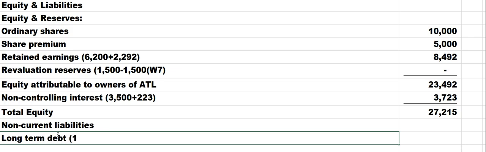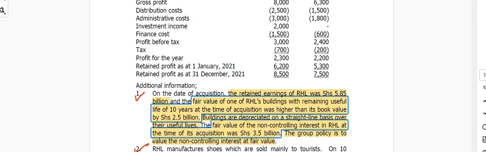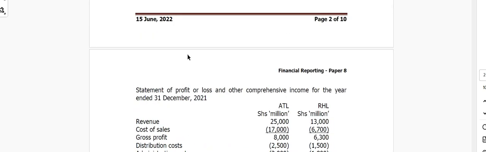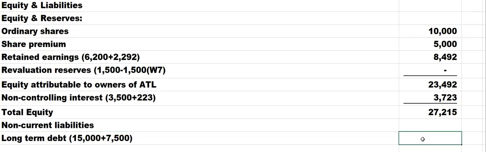Parent is how much? 15,000, and the subsidiary is 7,500. No adjustments to make on that.